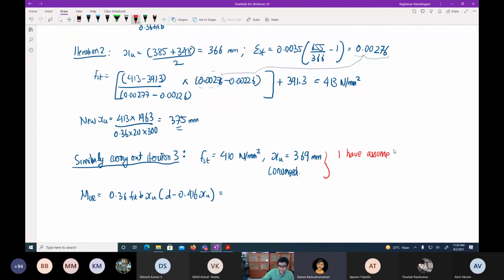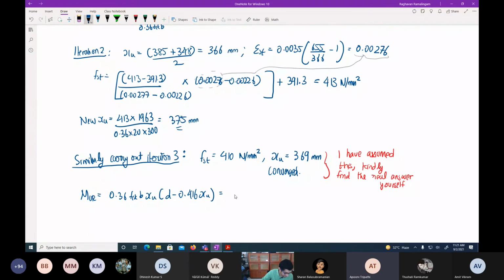First do this, I'm coming to that formula. Okay, so 399 kilonewton meter.